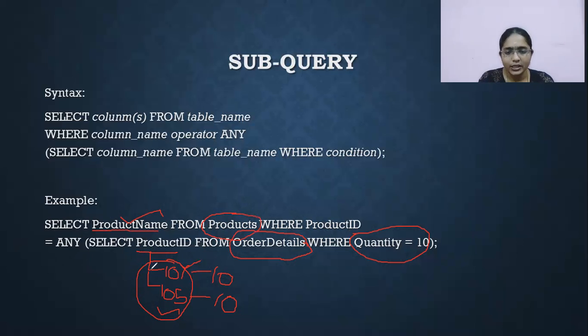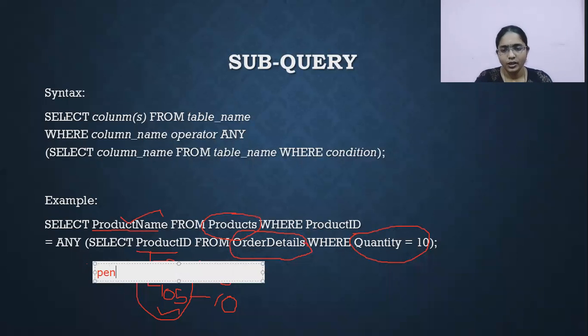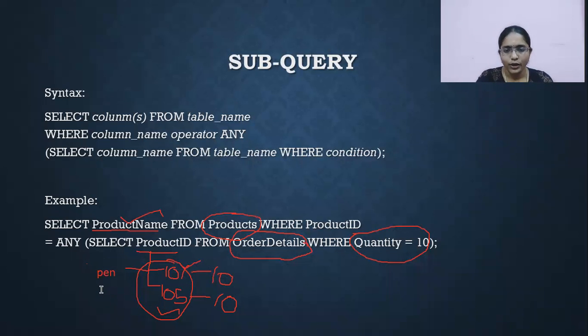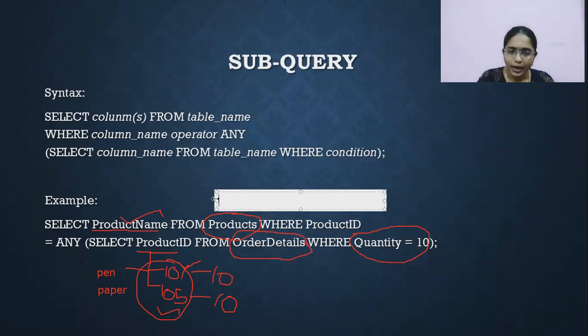will be displayed. Let us assume that product ID 101 is pen and product ID 105 is paper. These two are products. And let us assume this particular product table has the same product ID 101 for pen, and 105 for paper.